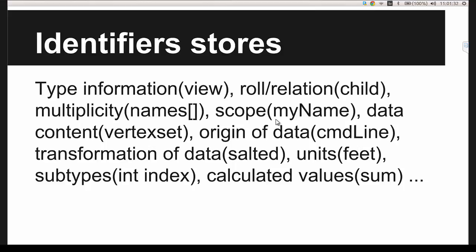Data content, origin of data. This data is a command line string, so it comes from a command line, or this is post something because it comes from the student or the client. It could contain information on how data was transformed, like this string has been salted, or the units of something.